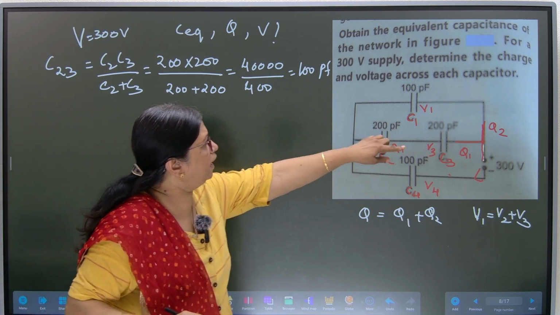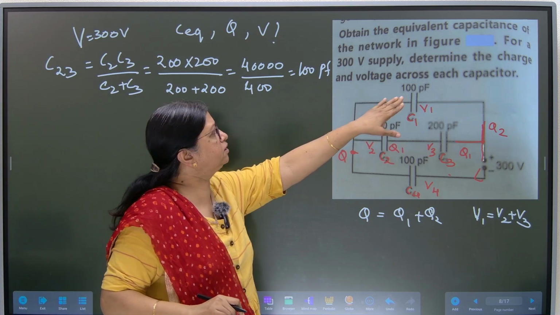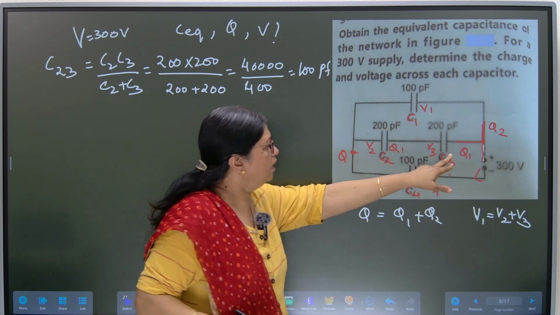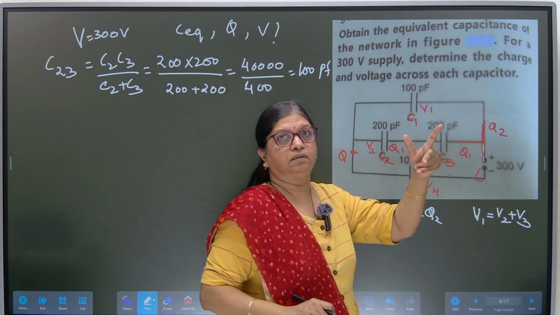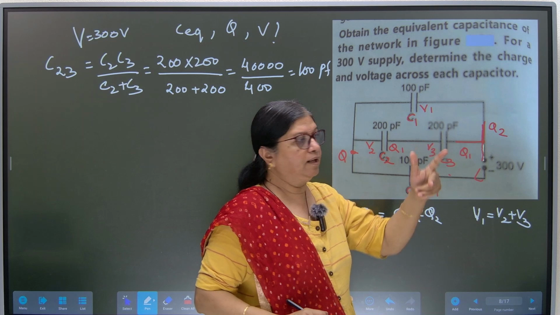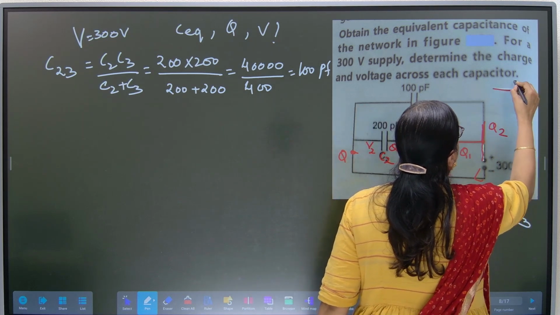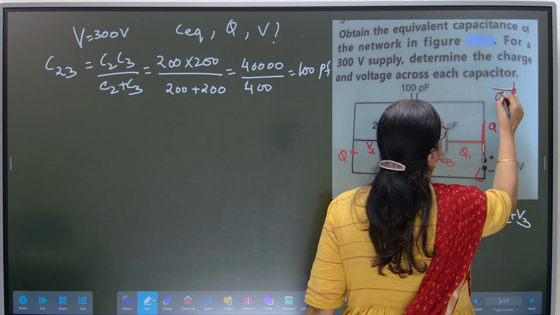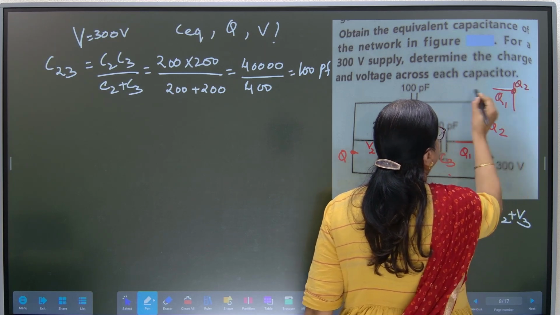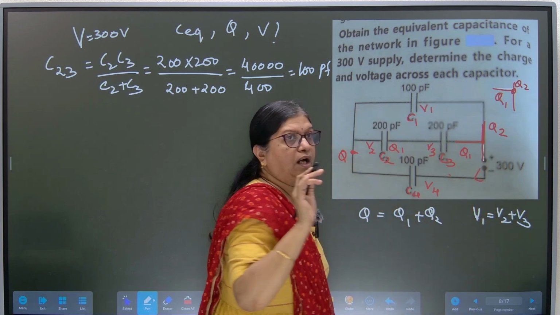Now C23 is in parallel with 100 picofarad because here there is a T junction. Fine. How is the T junction looking like? This way. So Q1 is here and Q2 is here. That means these two branches are in parallel.